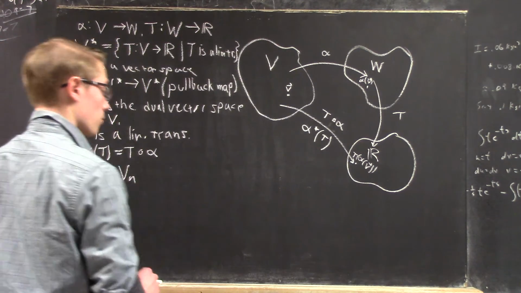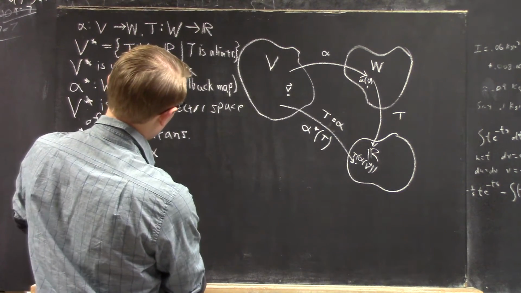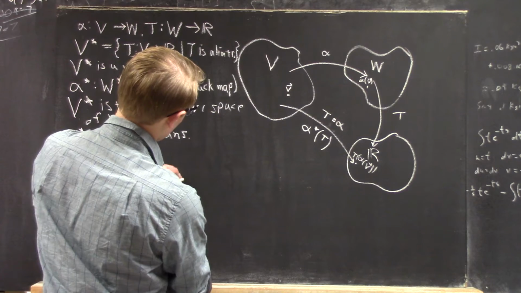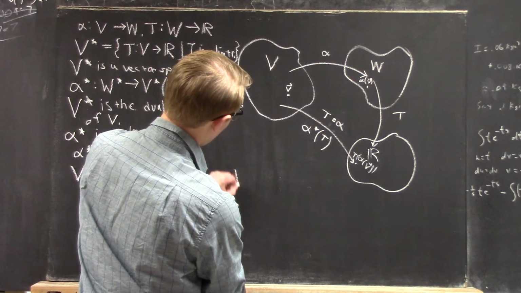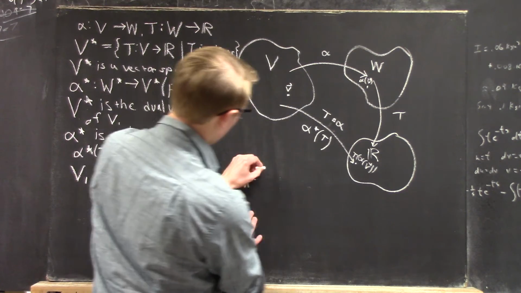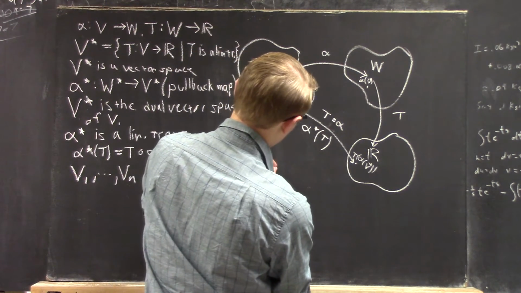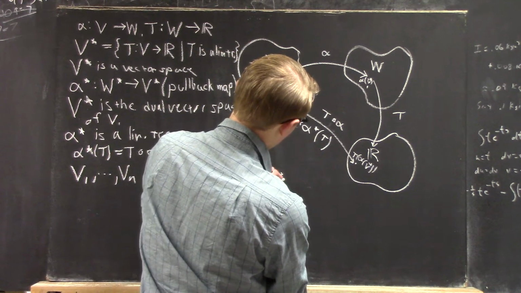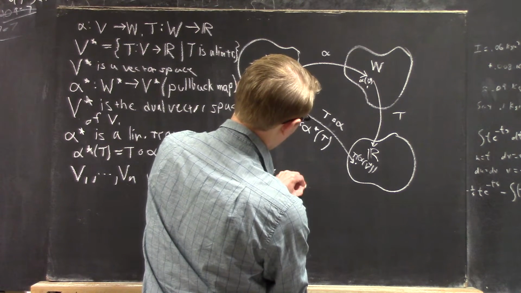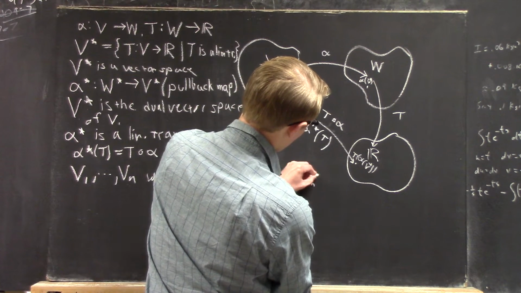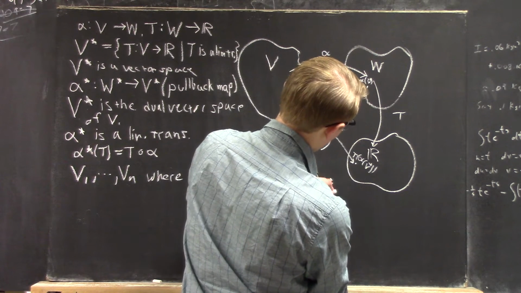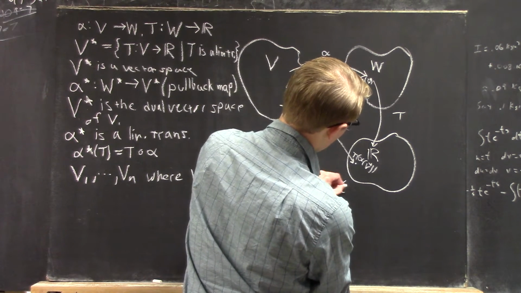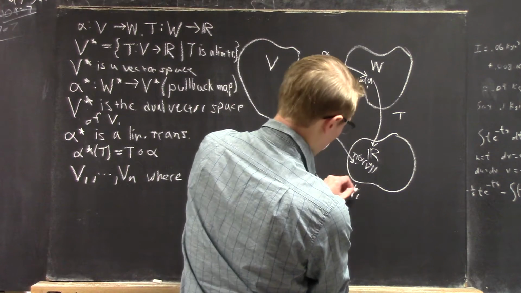where their Cartesian product is defined as a set of all tuples V1 through Vn, where each Vi is an element of the vector space Vi.